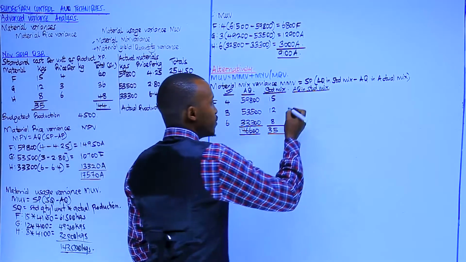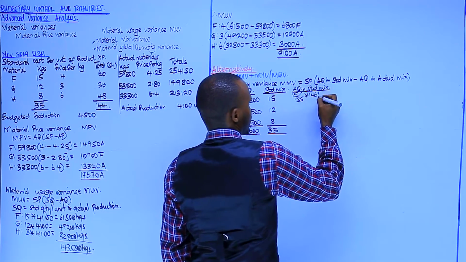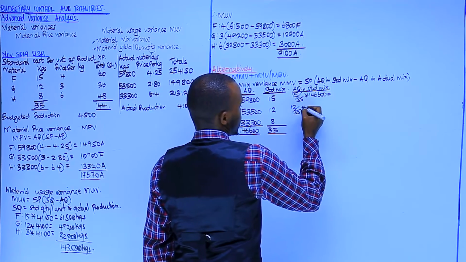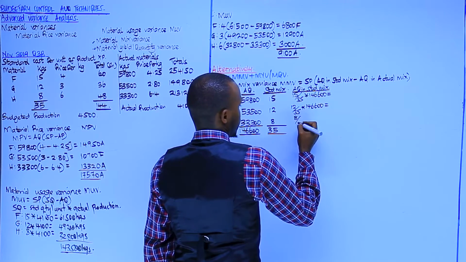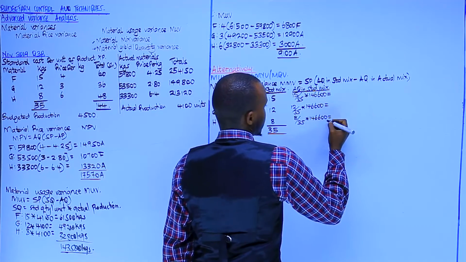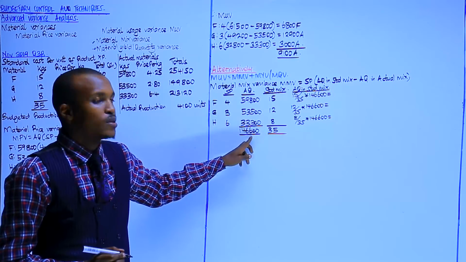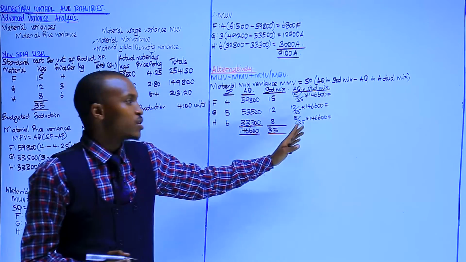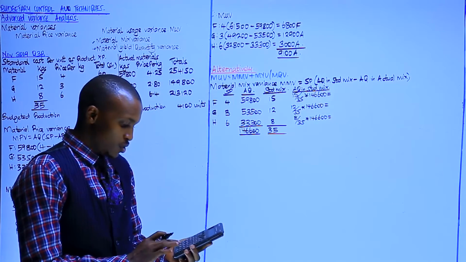How is that going to be? You're going to take 15 over 35 times 146,600. 12 over 35 times 146,600. 8 over 35 times 146,600. So what have you done? You have shared your actual quantity using the ratio of standard mix so that you get your actual quantity in standard mix.